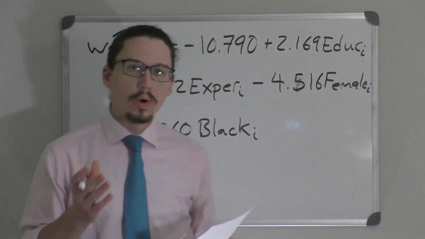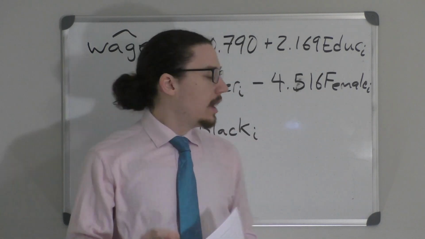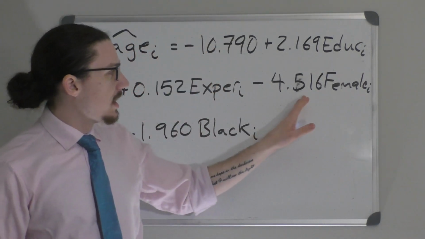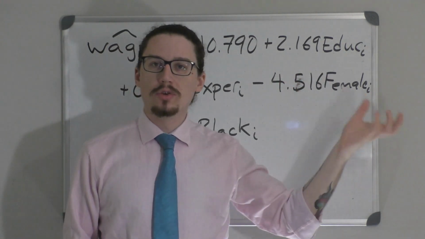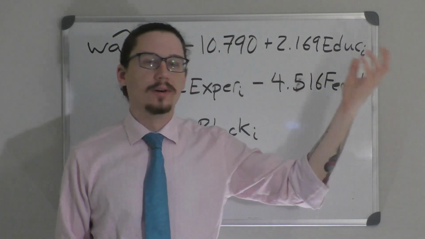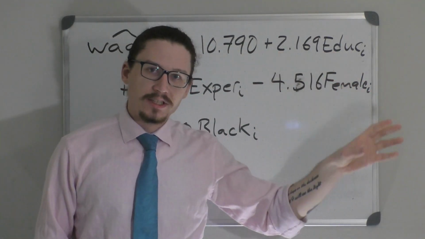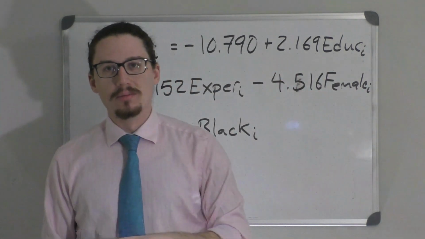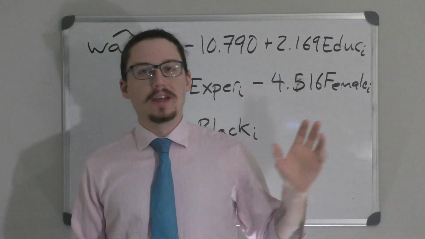So the way we're going to interpret this is that this is the difference. It'll be the difference between whatever group we tied to 1, or whatever we've defined as being 1, and 0. We're going to talk a little bit more about this: whatever we're leaving out.